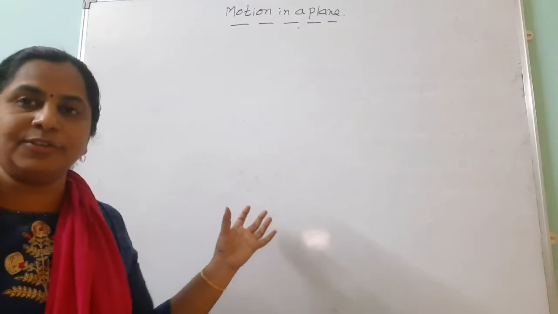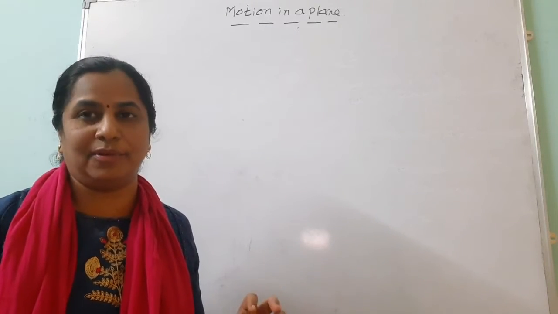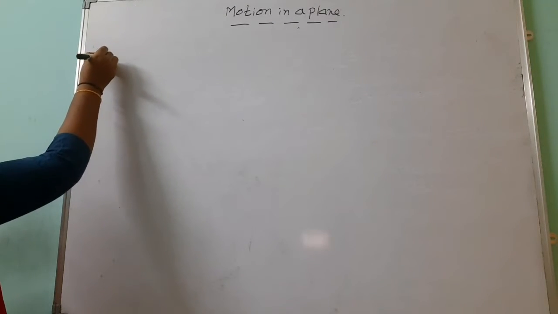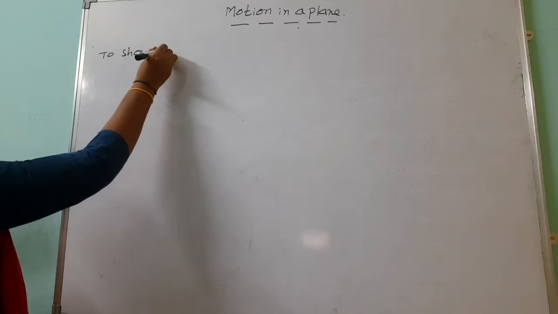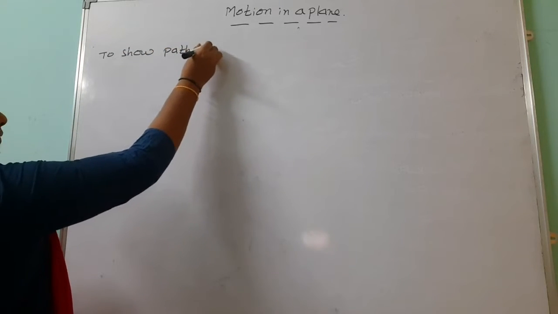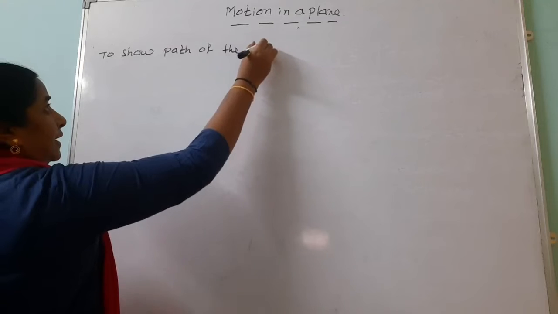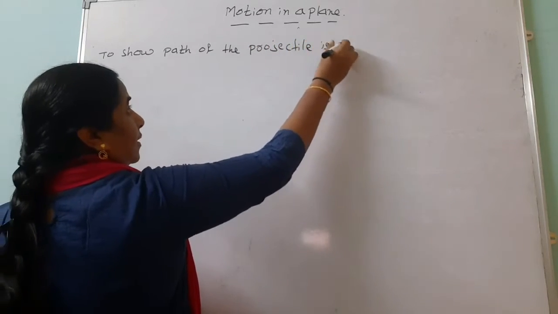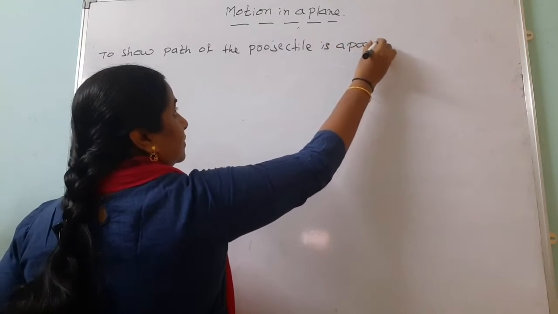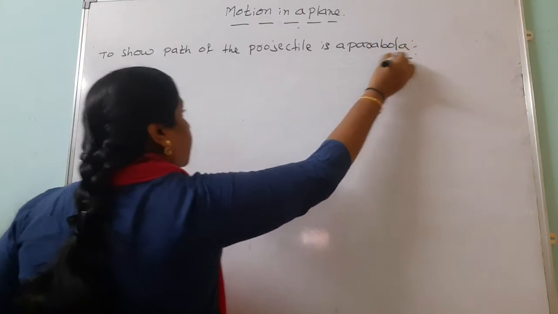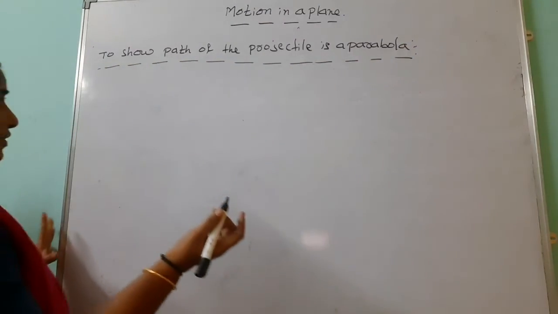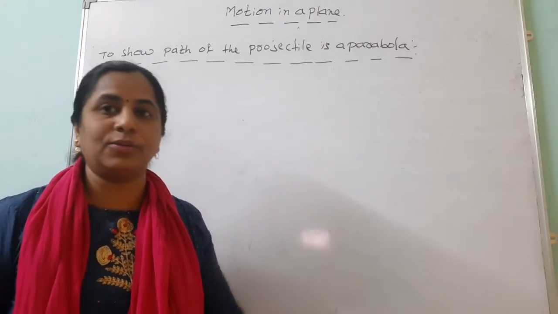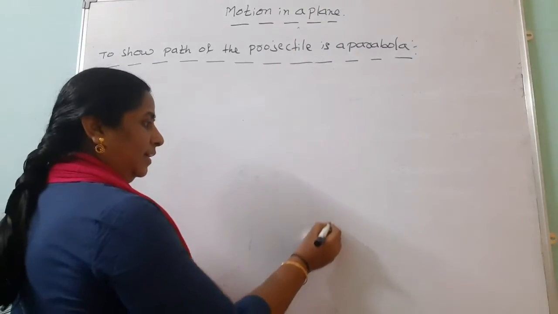The next question is, to show the path of the projectile is a parabola. Here also many people get confused. First of all, what is a projectile? Look, if you feel this is a stone or marker, when you throw it upwards, it goes like this.